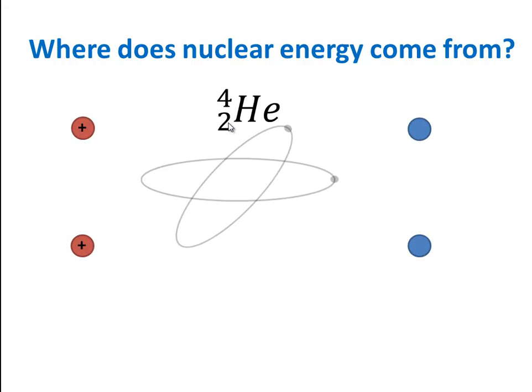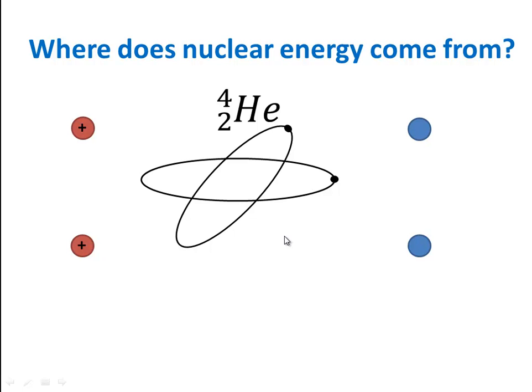Okay, so if we were going to play Master of the Universe and make one atom of helium-4 from scratch, what ingredients would you need? Well, you need 2 protons. We've got those over here. We need 2 neutrons. We've got those over here. And then I've got the electrons. They're ready to go. They're in position.